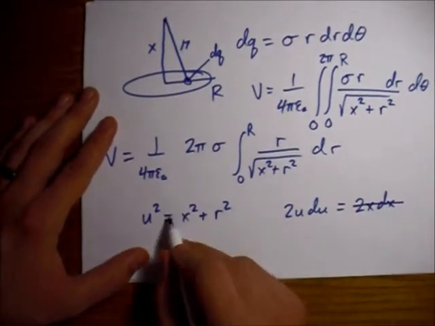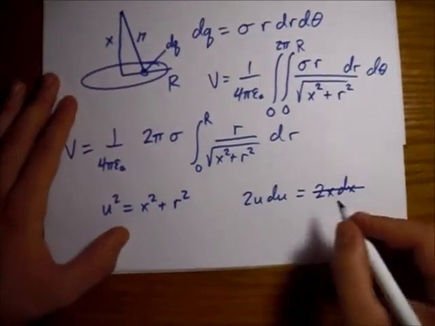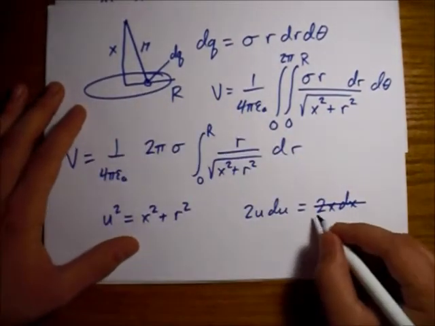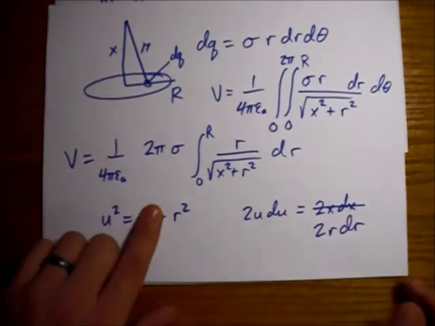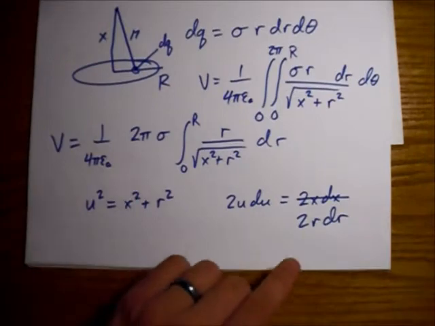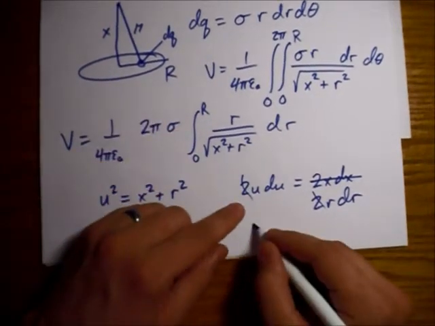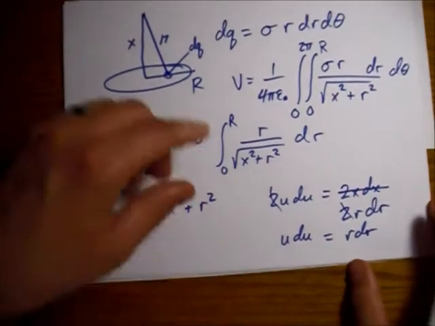Scratch that. x is just a constant in this particular case. Later on it will be the variable, but in this case r is the variable. So we have a 2r dr, and then this is a constant, so the derivative is 0. Canceling our 2's, we get u du is equal to r dr.